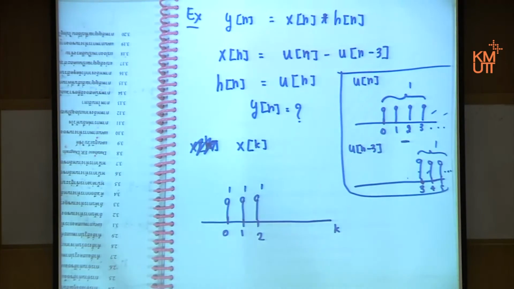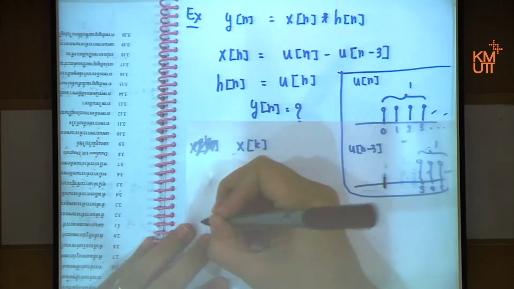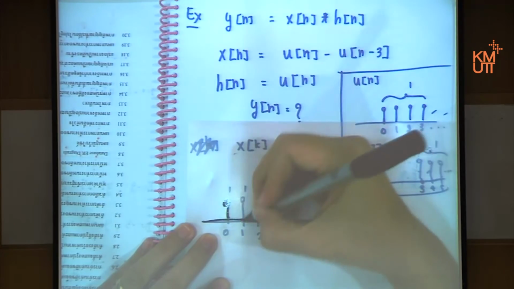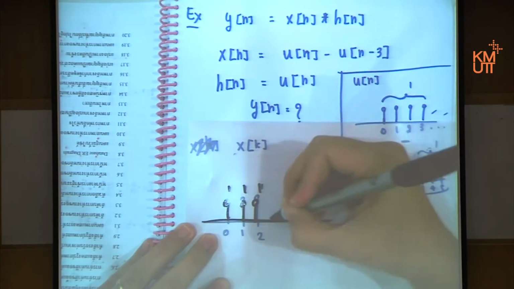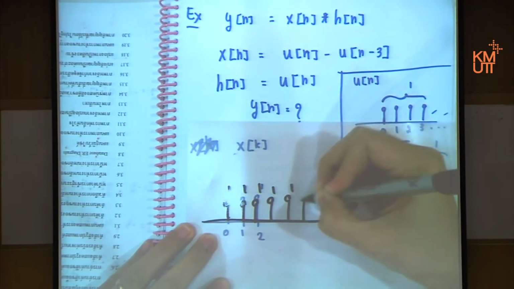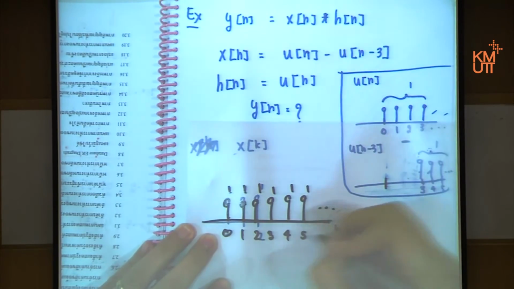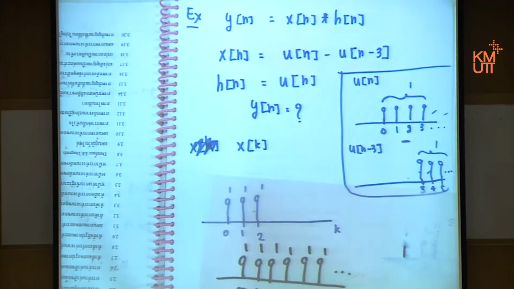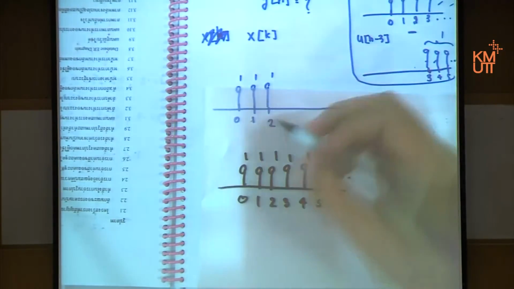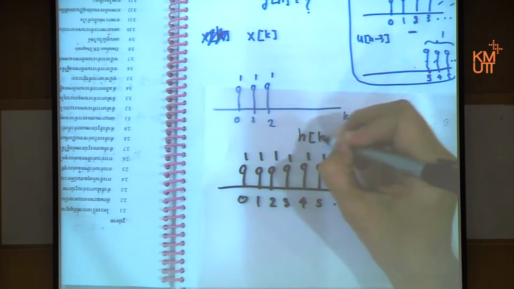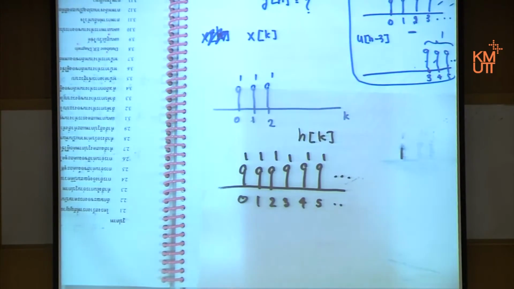So the picture of your h[k] must look like this, h[k] equal to u[n].